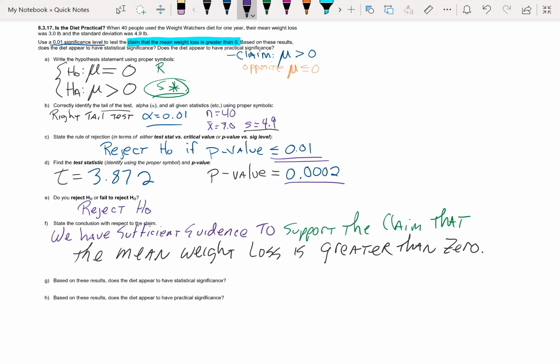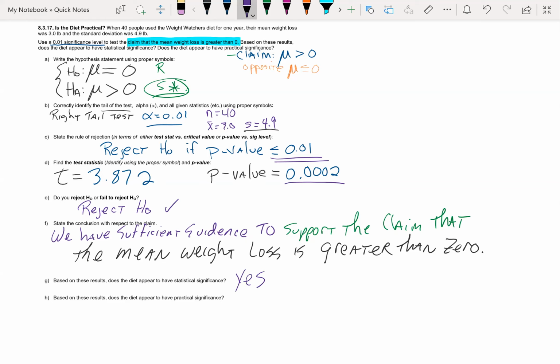Well, statistical significance comes when we reject the null hypothesis. So yes, the diet has statistical significance. We have sufficient evidence that the mean weight loss for everyone who uses this diet will be greater than 0.